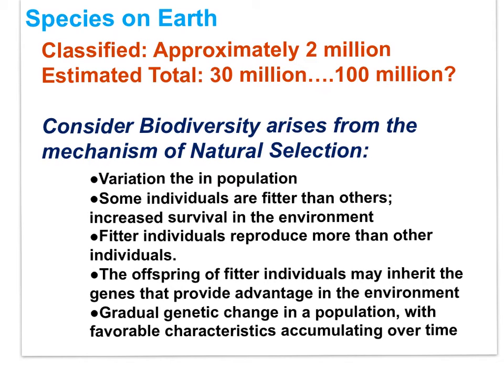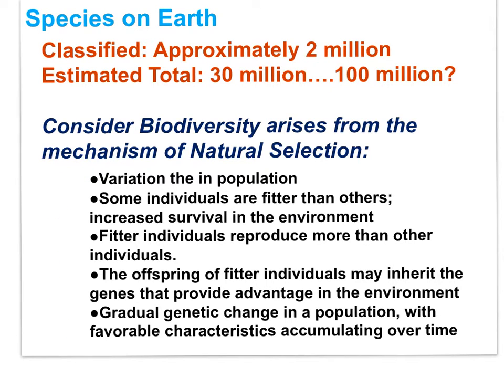Remember, scientists have classified approximately 2 million species, but we estimate that there might be 30 million, maybe more species on Earth. I'll let you review the mechanism of natural selection that changes the number of different species on Earth, that alters the biodiversity on Earth. All of natural selection was the subject of movie Part 2.